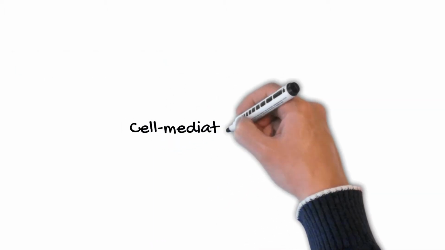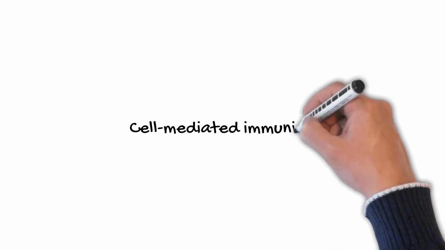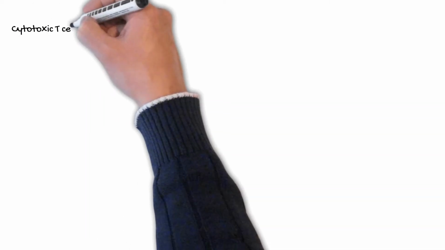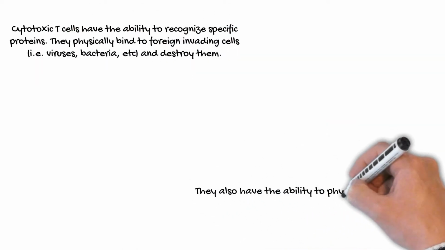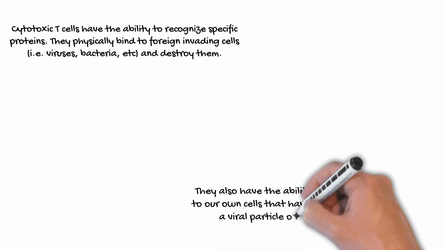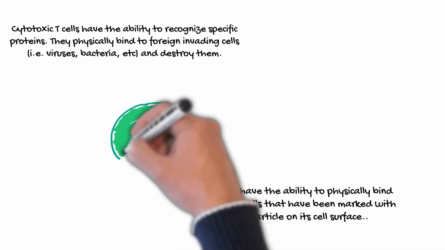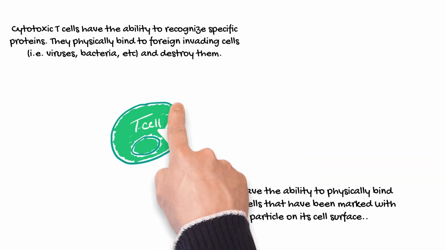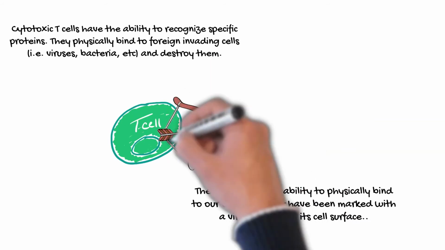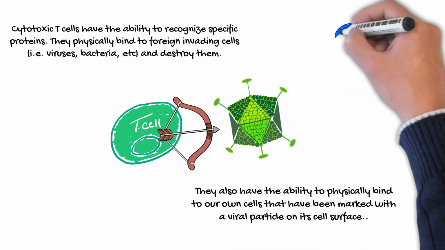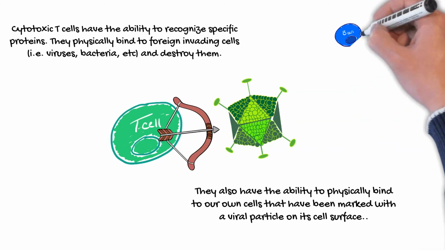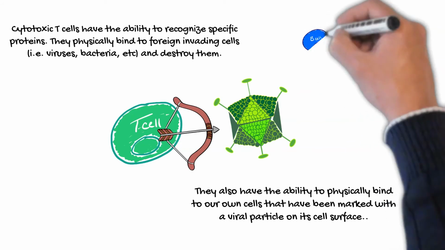Now, in cell-mediated immunity, cytotoxic T cells have the ability to recognize specific proteins that will cause them to physically bind to foreign invading cells, such as viruses and bacteria, and destroy them. But they also have the ability to physically bind to our own cells that have been marked with a viral particle on their cell surface.